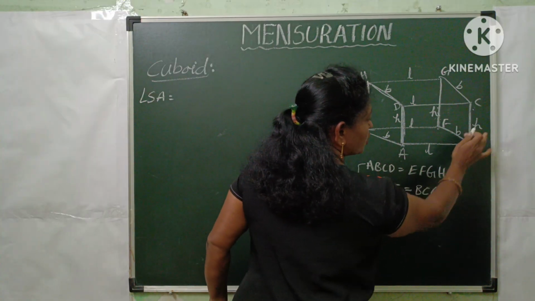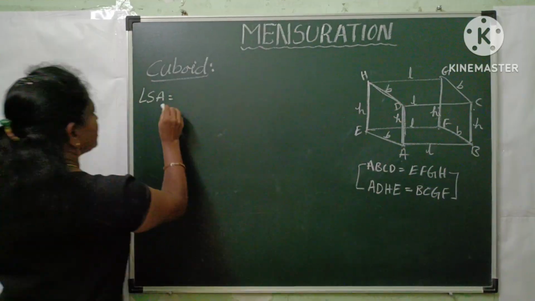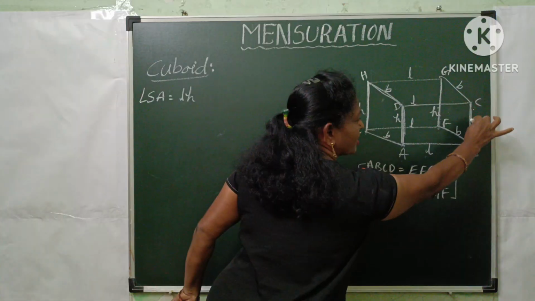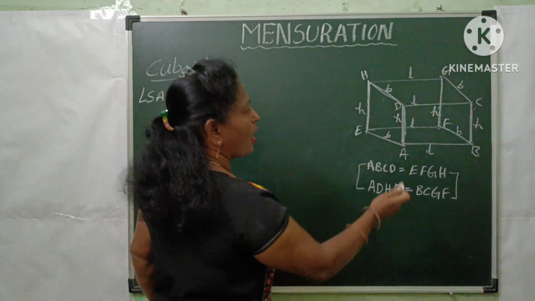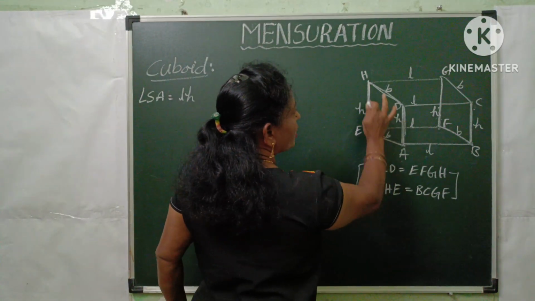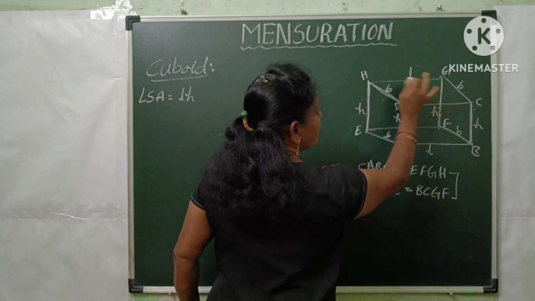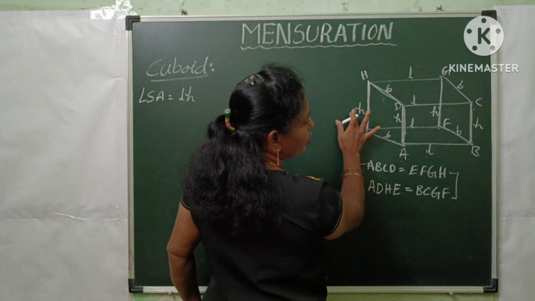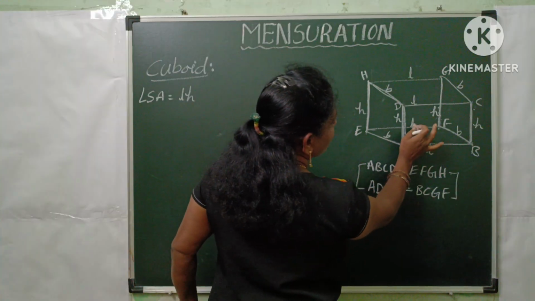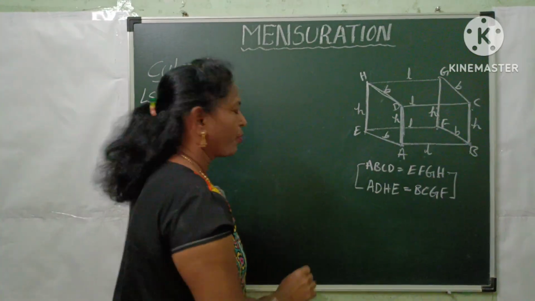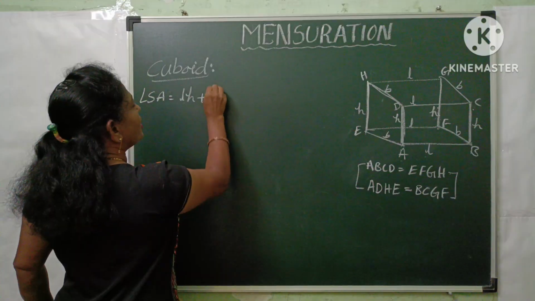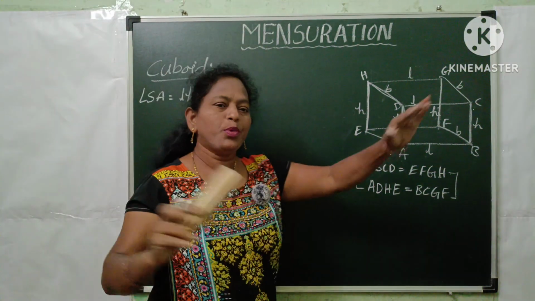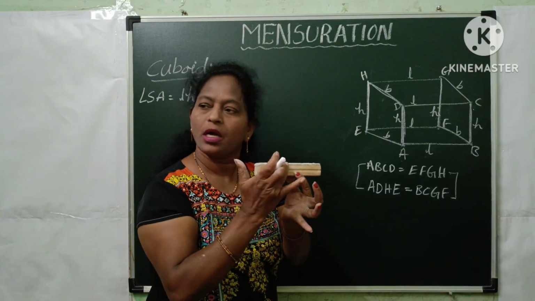Length into height, LH. The opposite wall EFGH is also the same, length into height. Yes or no? So plus LH. These two walls are completed.